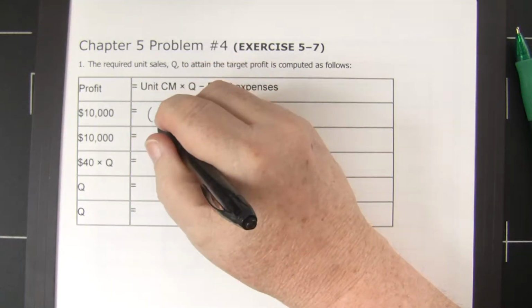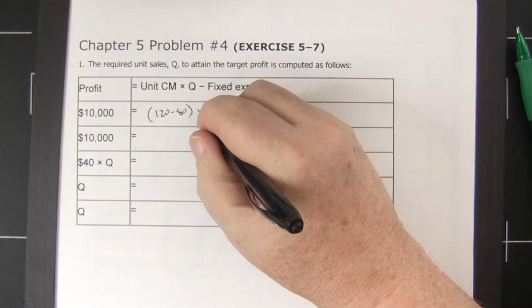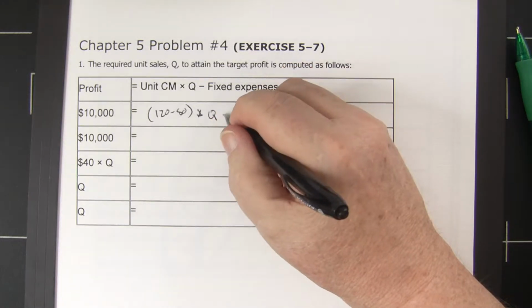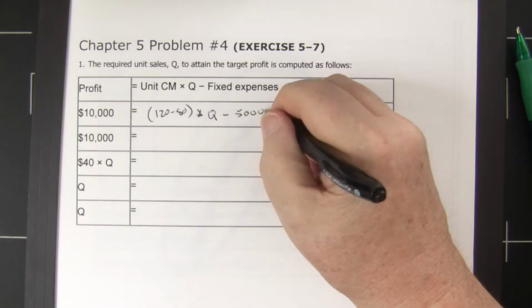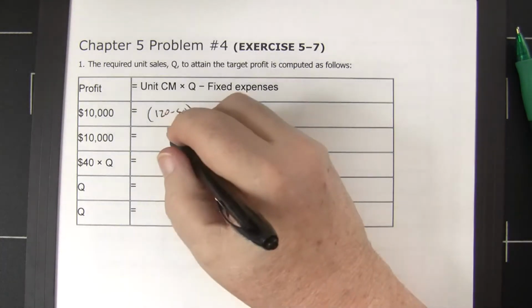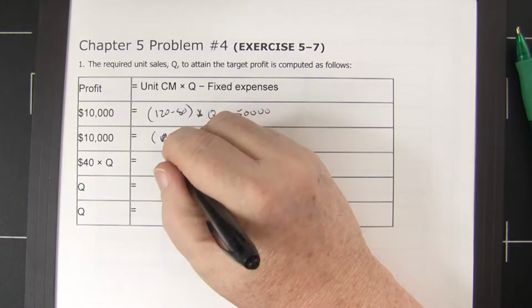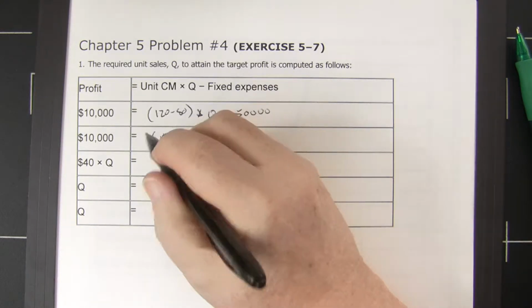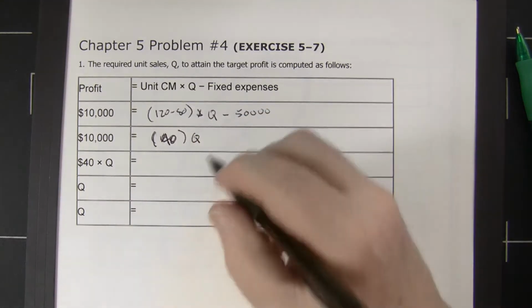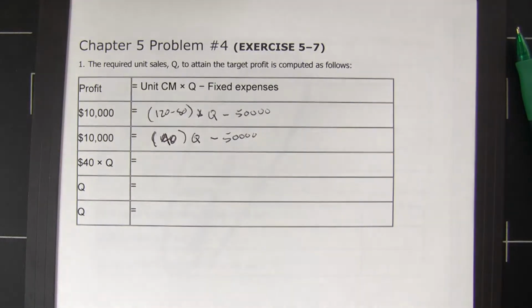That's the unit contribution margin, which is 120 minus 80, which is 40, times the quantity, Q, minus 50,000.